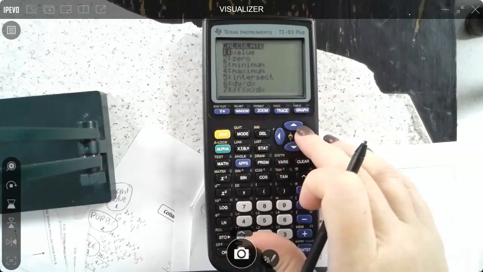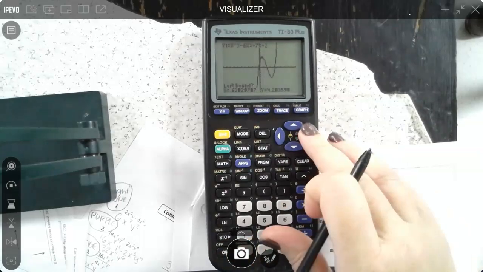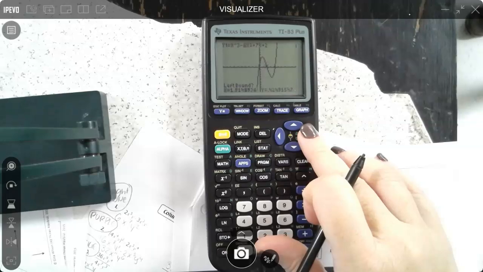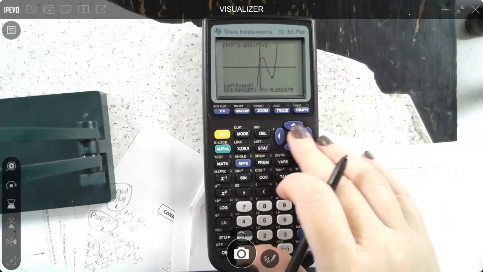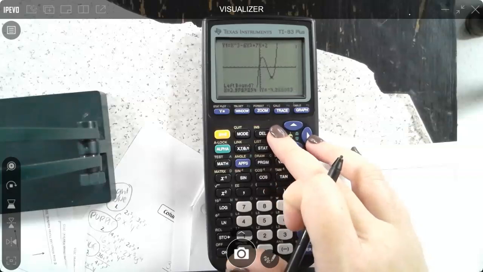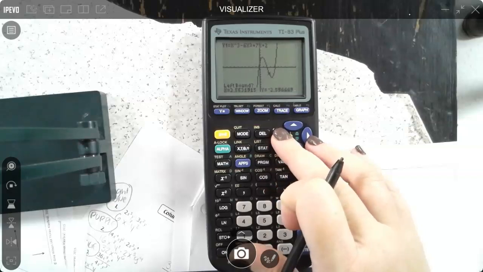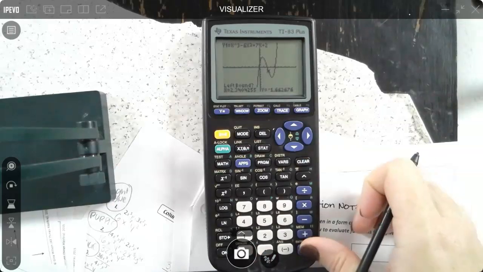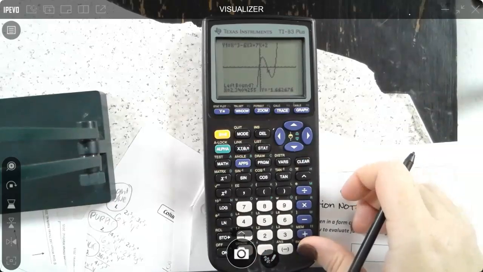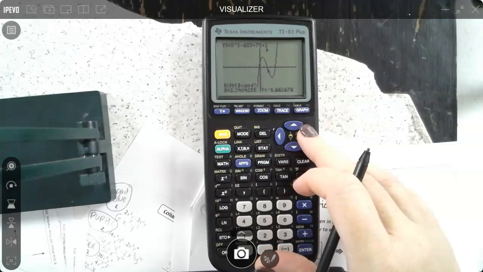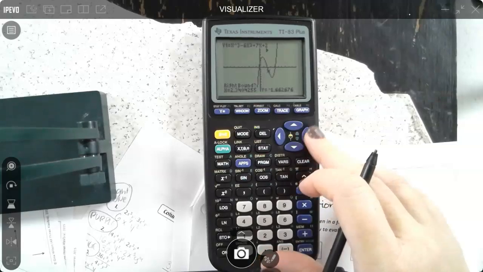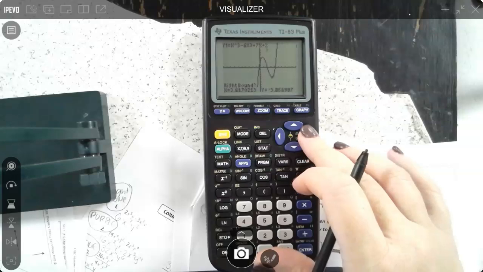Second trace, minimum. I always go to that point and then it says left bound. So once I get close to where it is, I'm going to make sure I click left enough to be past it. Go to where the minimum is and then go to the left of that. Hit enter and then right bound. And then I want to be on the right side.